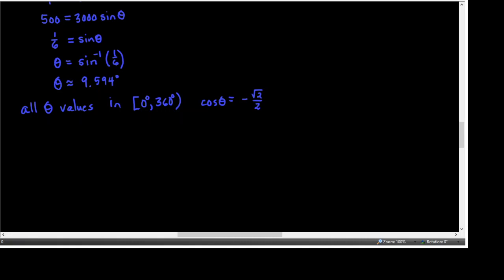Now my hope is that you've been working with this long enough that you realize that that rationalized answer came from something else. And I'm hoping you remember that that came from 1 over square root of 2. And of course it's negative.